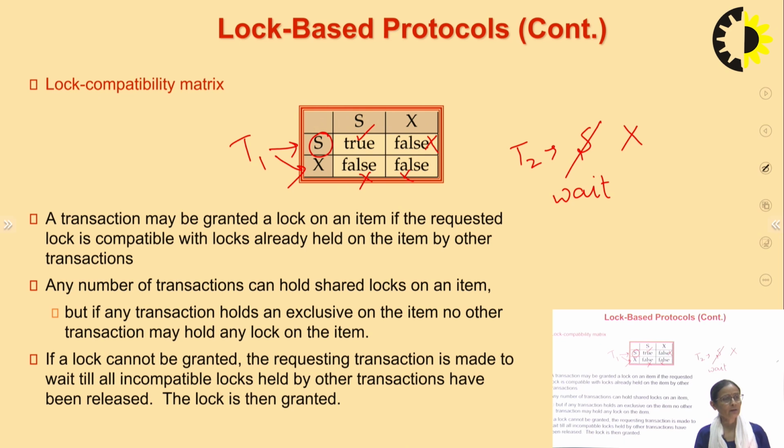And this we have already seen in conflict serializability. What does it say in the previous lecture? It says that if we are working in the read mode and another transaction is coming into the system and it also wants to read that data item, then we say it is a non-conflicting instruction and it can go.